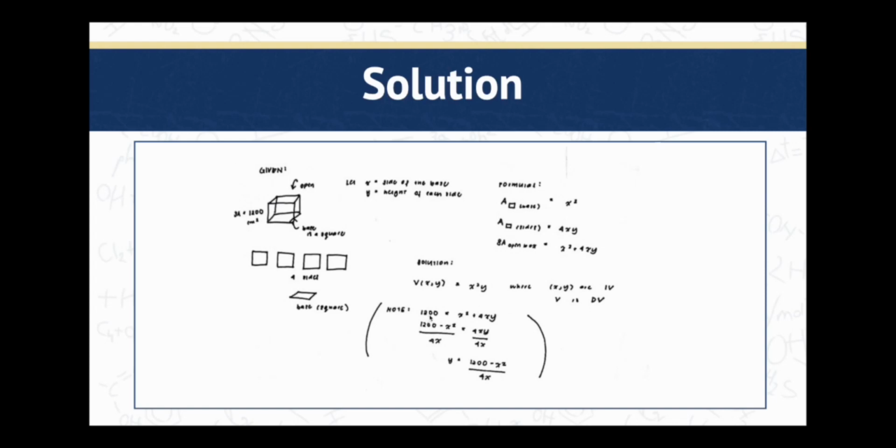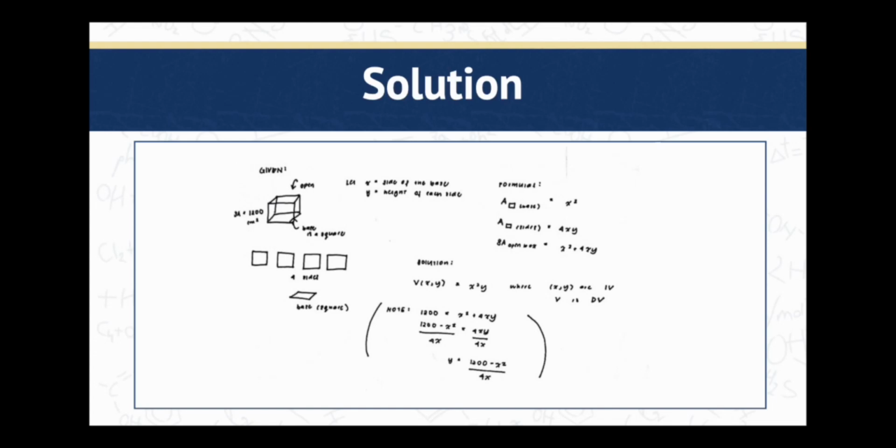So note that 1,200 is equal to x squared plus 4xy, since this is our equation for surface area. And a tip that I mentioned earlier is to express one variable in terms of the other. In this case, we are going to express y in terms of x.